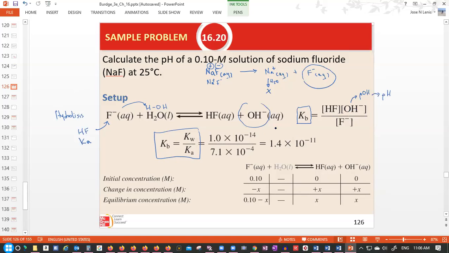So we write the ICE table. We have the initial concentration, which is given, initial concentration of F minus, initially 0, 0. The change is minus X, plus X, plus X. The equilibrium concentration will be 0.10 minus X, forming X and X. We plug that into the equilibrium law.